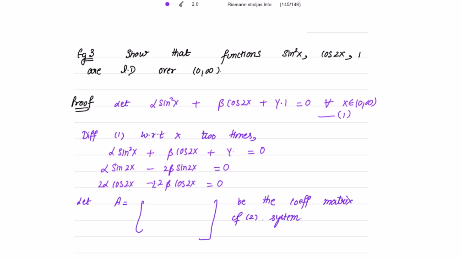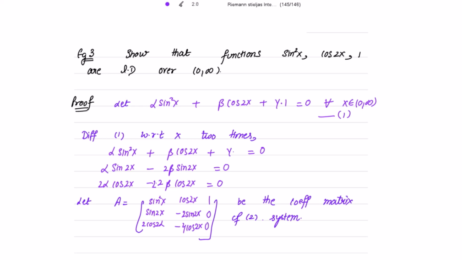So the coefficient matrix comes out to be: sin^2 x, sin 2x, 2 cos 2x, just take the coefficients. So this is cos 2x, negative 2 sin 2x, negative 4 cos 2x. And then I'm having 1, 0, 0.